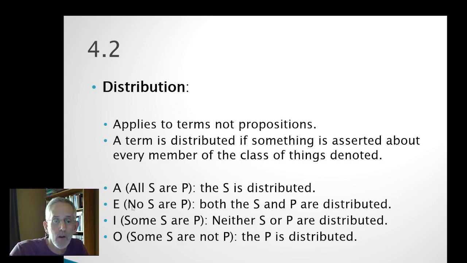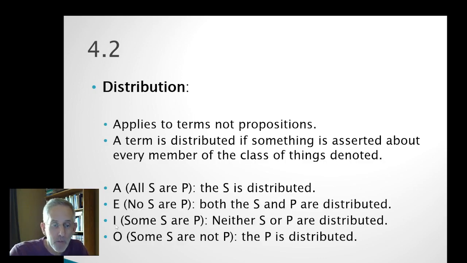If we say no dogs are mammals, we're clearly saying something about every member of the dog class, and we're saying something about every member of the mammal class. Those things never overlap if we say no dogs are mammals. No dog is ever in the mammal class, and no mammal is ever a dog. Okay, so for an E-form proposition, no S's are P's, both S and P are distributed.